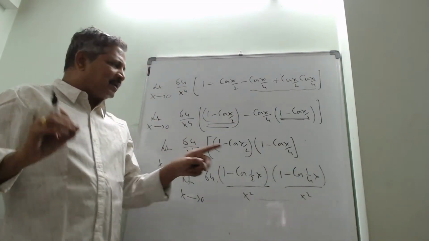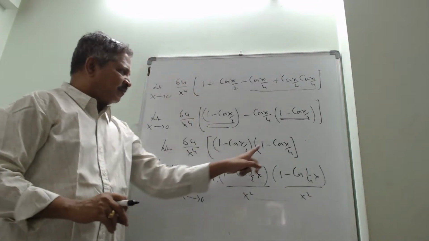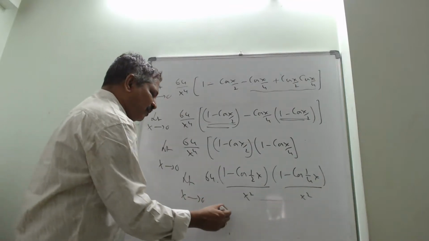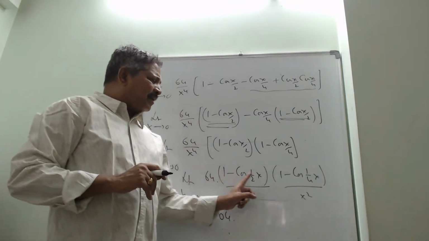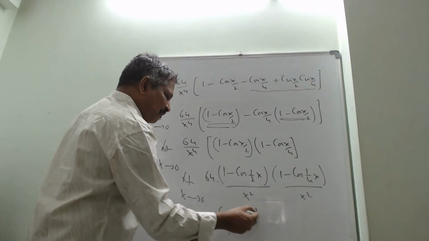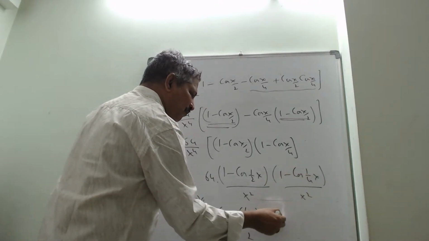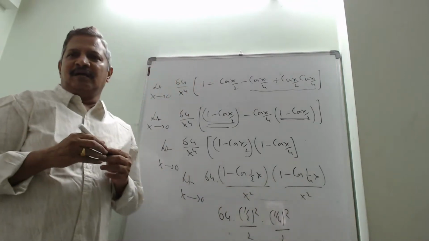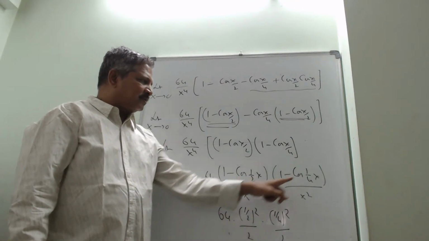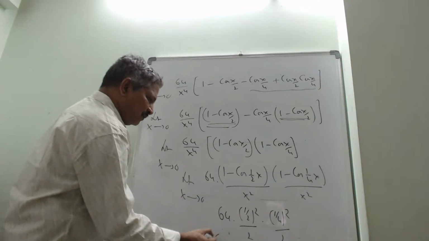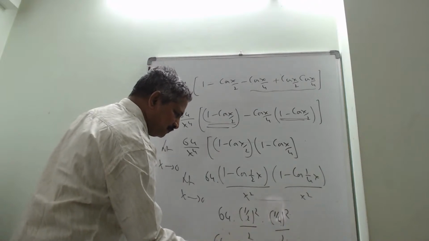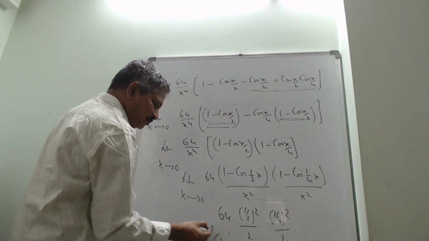Our formula, what is that? 1 minus cos ax by x square is a square by 2. So 64 into 1 by 2 square by 2, and here 1 by 4 square by 2. Now 64, 1 by 4 into 2 is 1 by 8, 1 by 16 into 2 is 1 by 32. Here 16 into 2 is 32, 32 by 2 is 1 by 4.